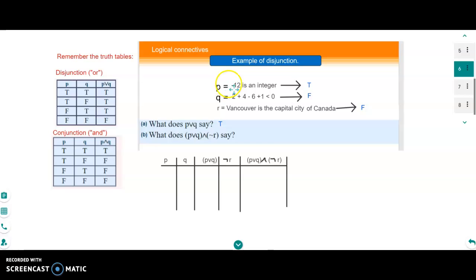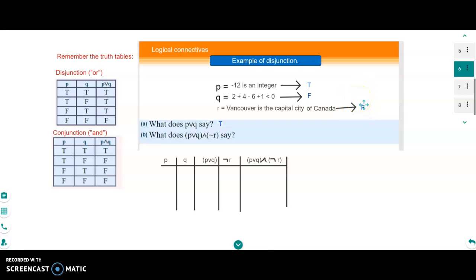P, minus 12 is an integer, was true. The proposition 2 plus 4 minus 6 plus 1 less than 0 is false. And Vancouver is the capital city of Canada is also false, because Ottawa is the capital city.